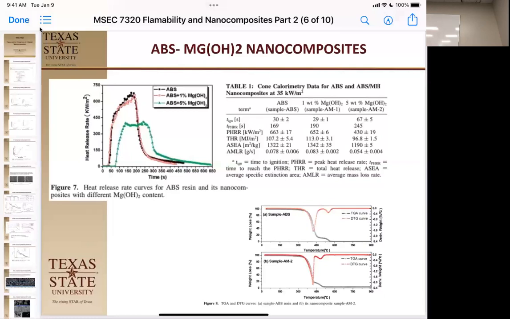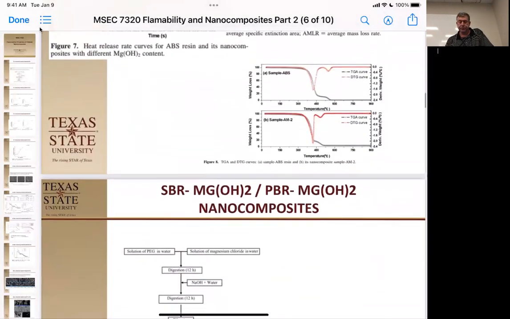Notice this is on baseline, 0 char yield. This is above baseline, somewhere around 1 or 2%. So probably as magnesium oxide. So they were able to show those things. And so, I mean, it's interesting that nano, if it's well dispersed, can still have some effect, even though it's such a small fraction compared to the macroscopic composite systems.